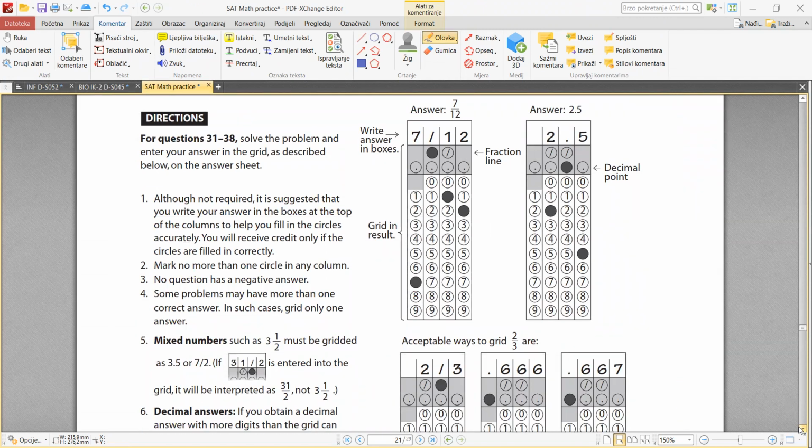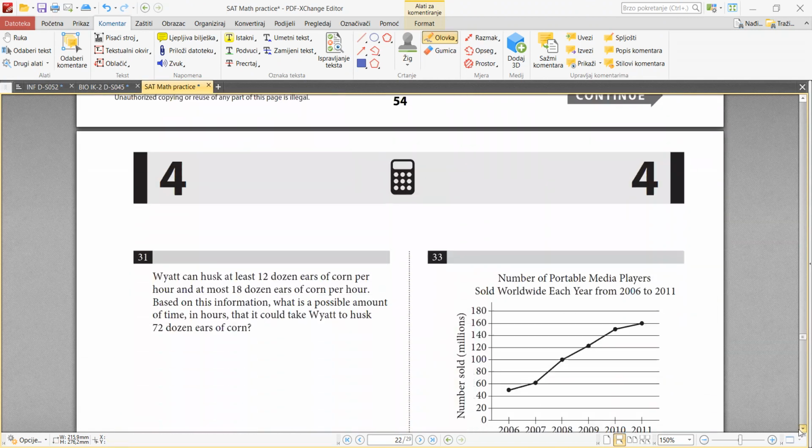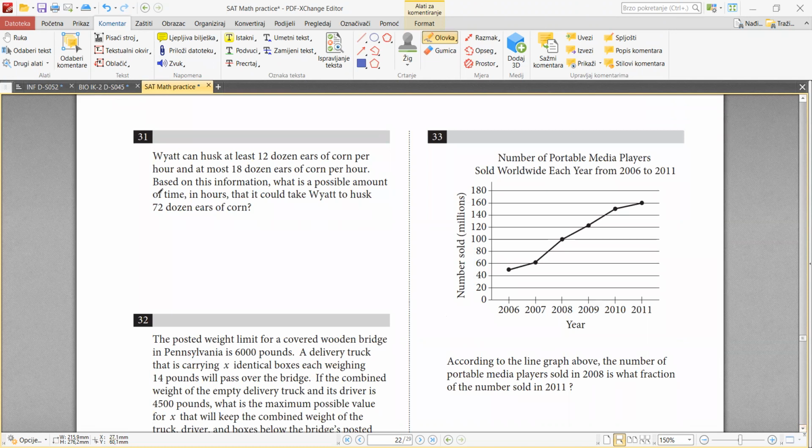And now questions 31 to 38. Question 31. Wyatt can husk at least 12 dozen ears of corn per hour, and at most 18 dozen ears of corn per hour.